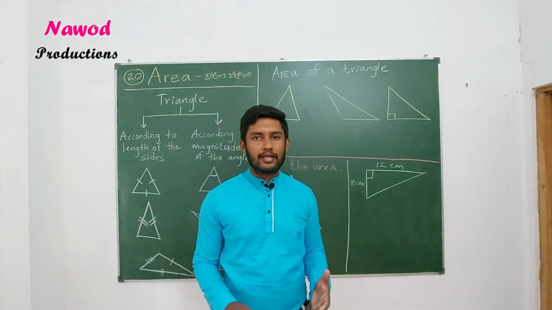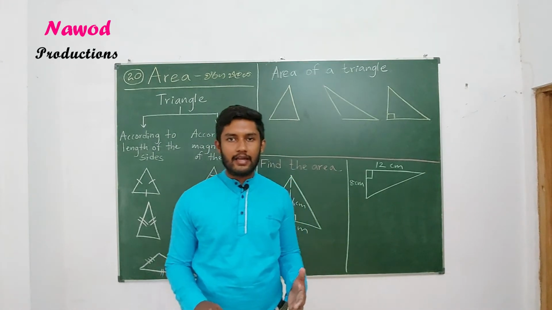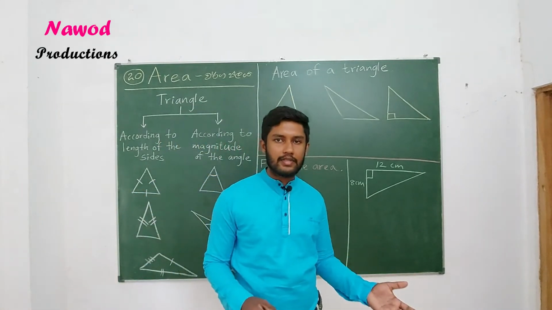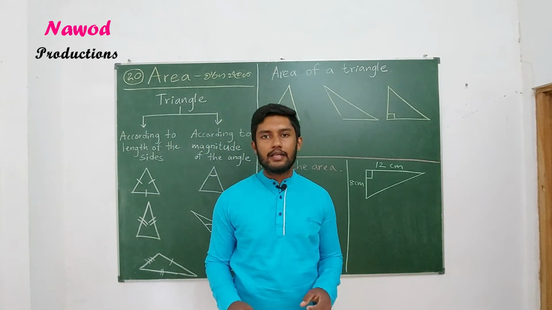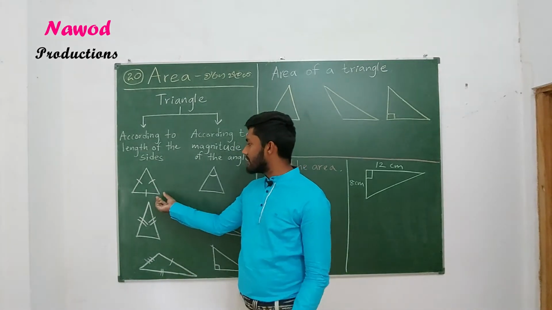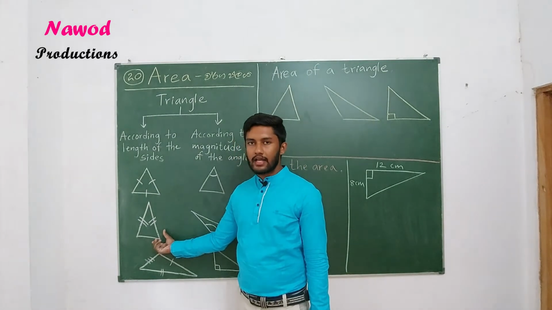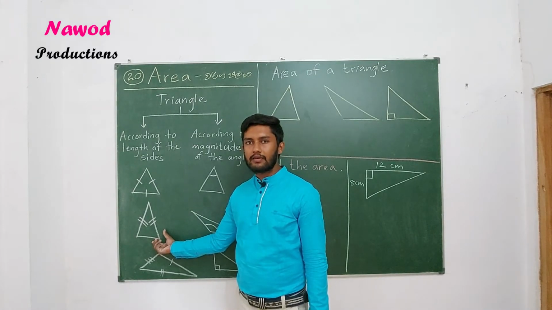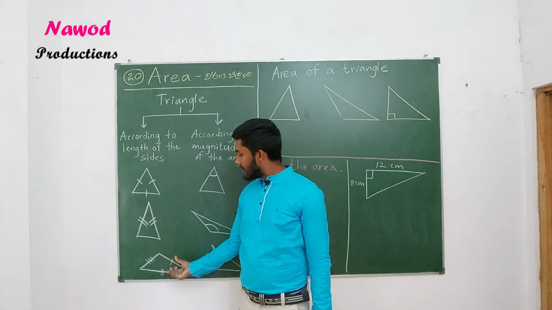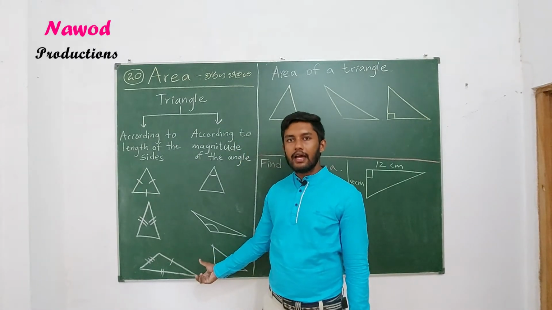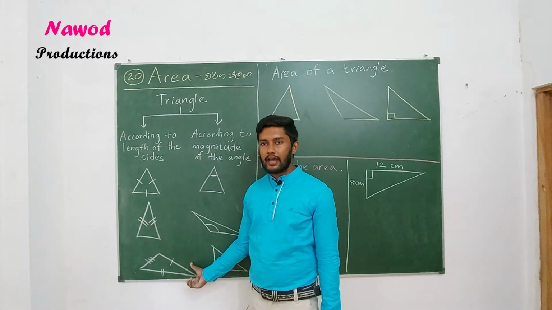I think you got a clear understanding about triangles according to the length of the sides and the magnitude of the angles, right? All the sides are equal, equilateral triangle. If only two sides are equal, isosceles triangle. If none of the sides are equal, then it is a scalene triangle.